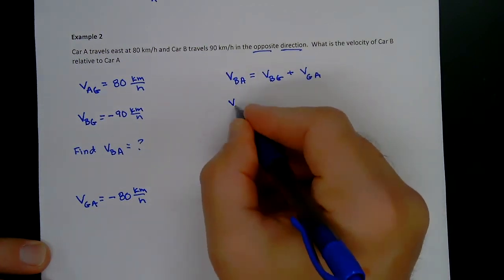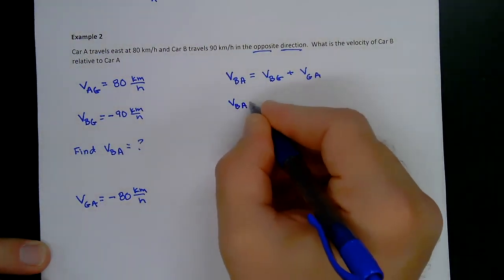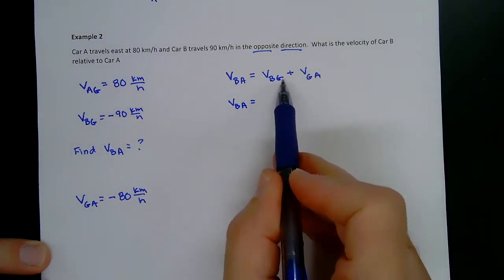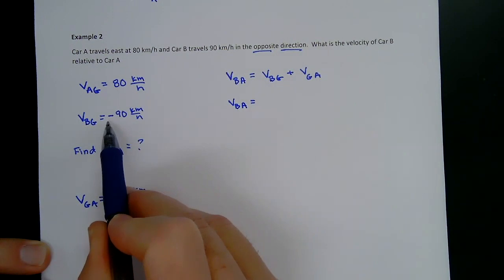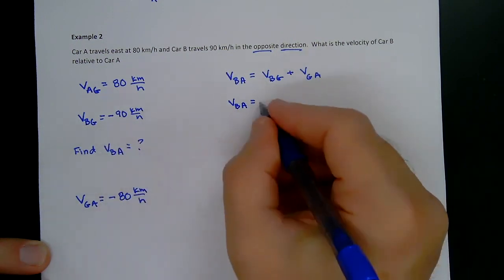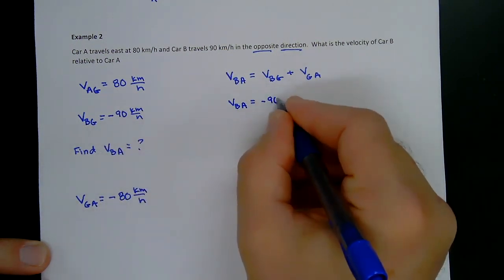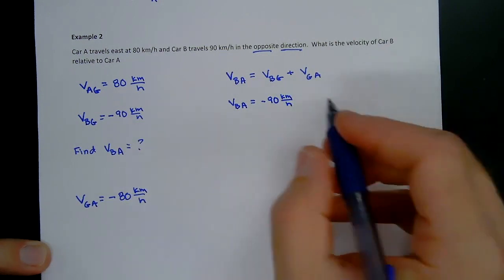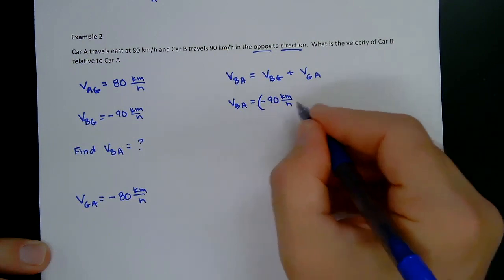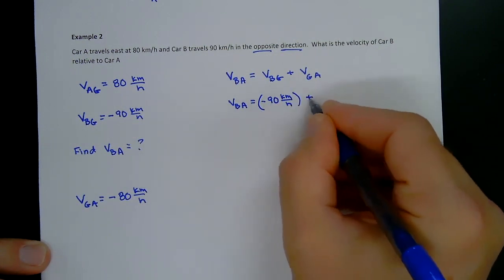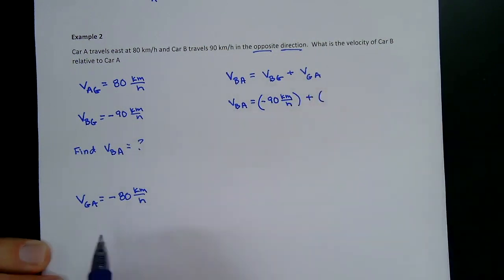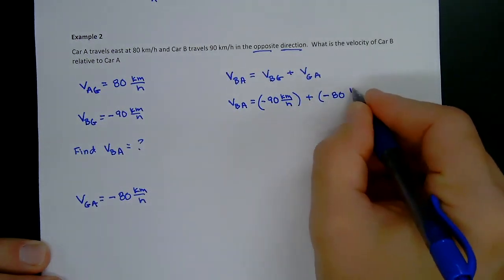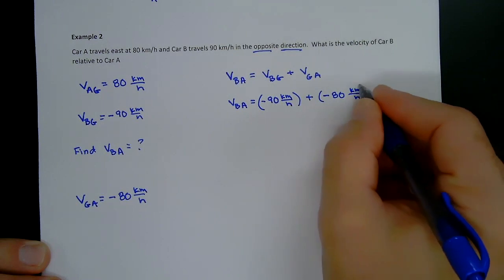So the velocity of car B relative to A would be the velocity of car B relative to the ground, which is negative 90 kilometers per hour. I'm going to put parentheses around this, and we're going to add to that the velocity of the ground relative to car A, which is negative 80 kilometers per hour.